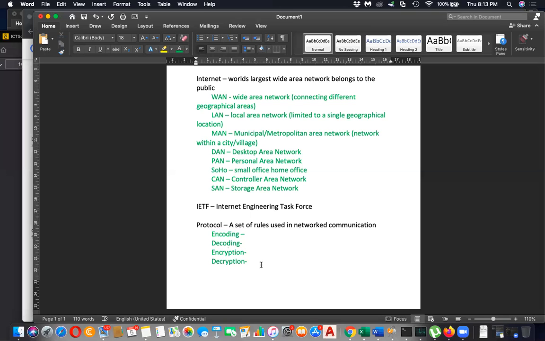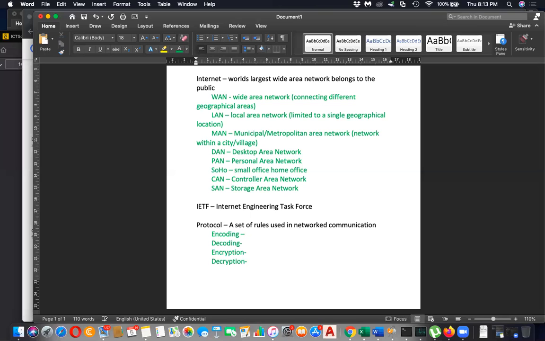What is encoding? Encoding means data is represented using some format. That's why we had 3.1. That's why I asked whether we want to discuss 3.1 and come to this point. If we discuss 3.1, you know what is encoding.